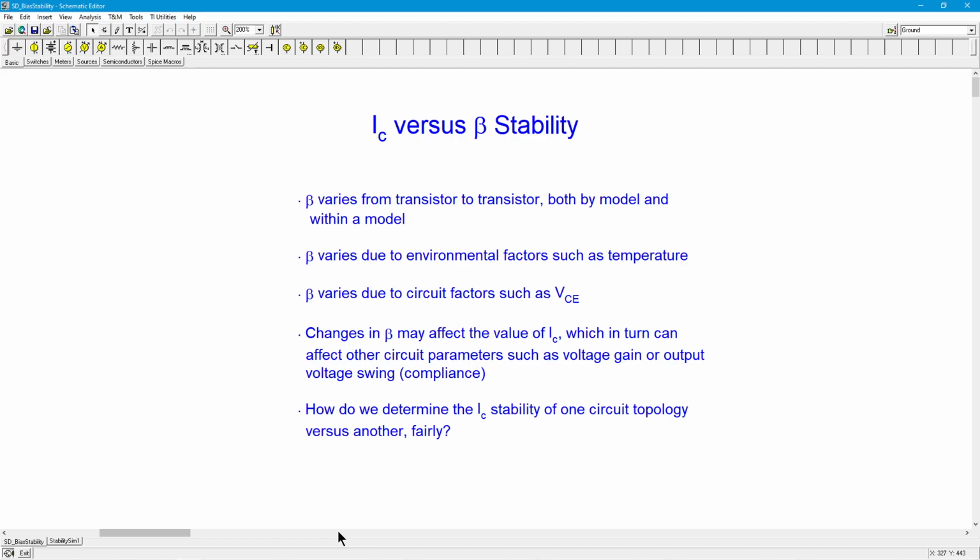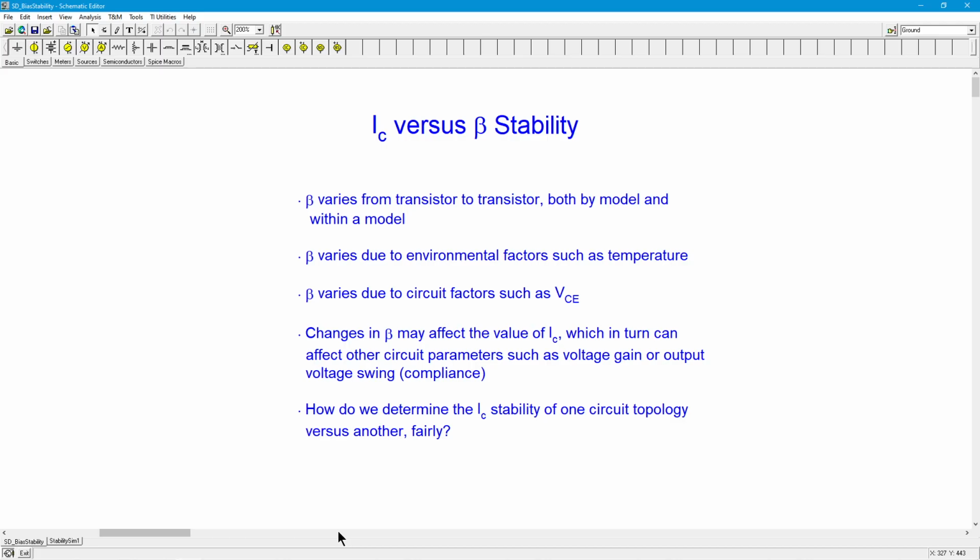It can also, the IC that is, help set what the output compliance is. In other words, the range of voltage it can swing before it starts to clip, before it starts to distort. Am I going to get 1 volt peak to peak out of this thing or 5 volts peak to peak?